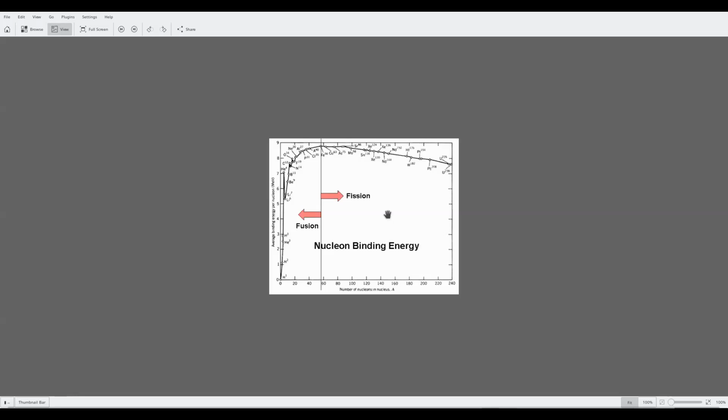The binding energy is the energy to bind the nucleus. The binding energy is essentially a Q value of the creation of the nucleus from its basic particles.